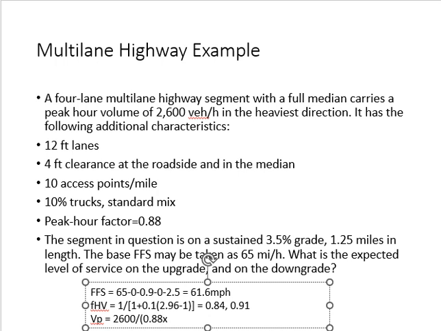I need the number of lanes, 2 in one direction. I need the FHV, so this is where I need to calculate it. First with 0.84, the flow rate is 1759. For the other one, replace 0.84 with 0.91, and it is 1623.